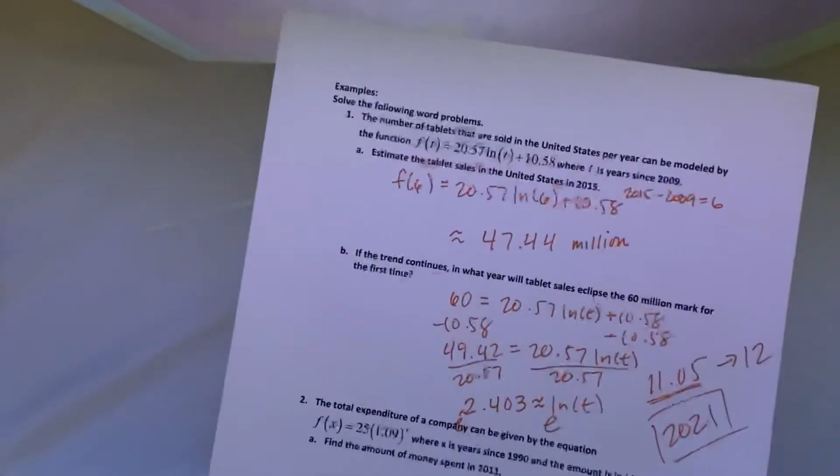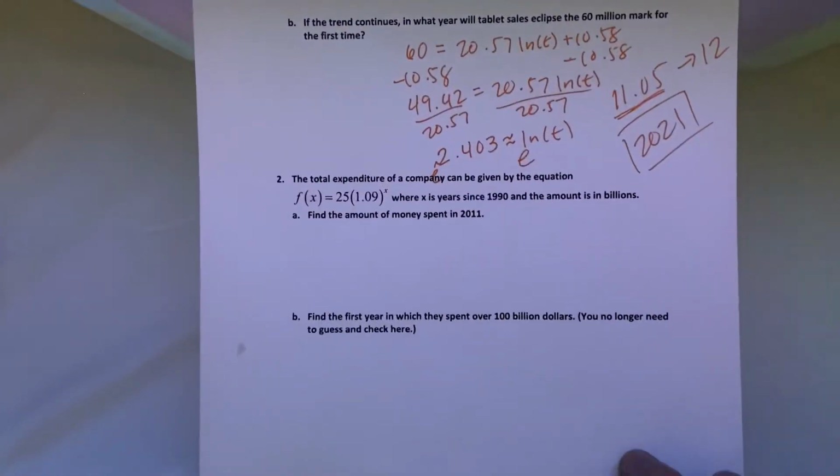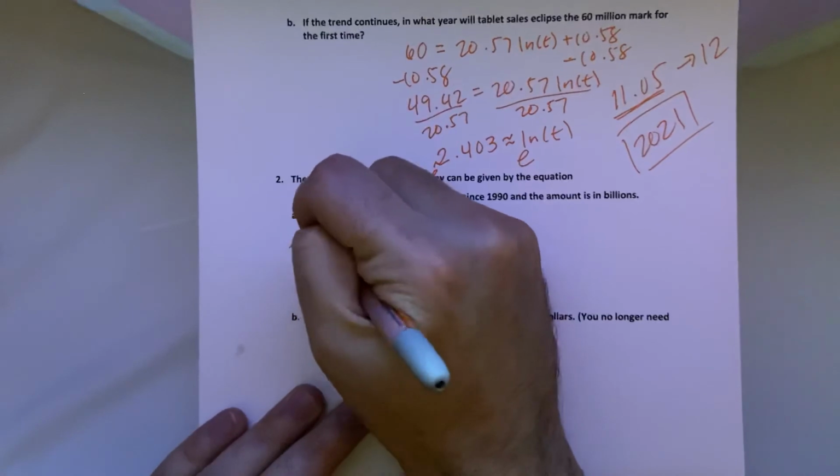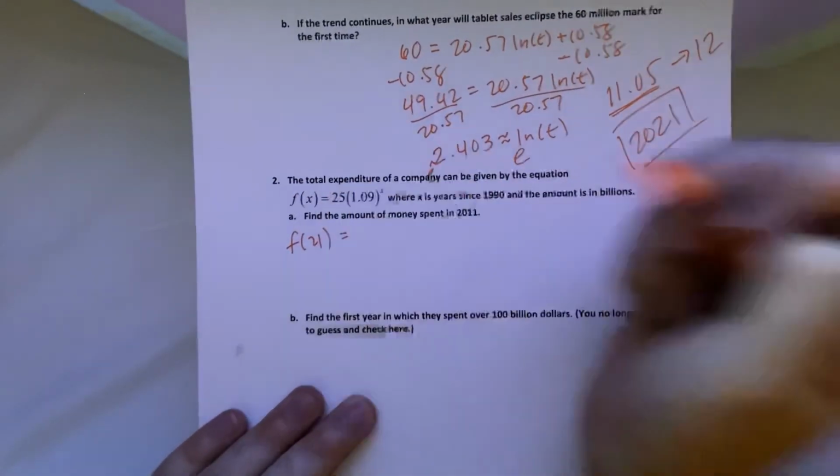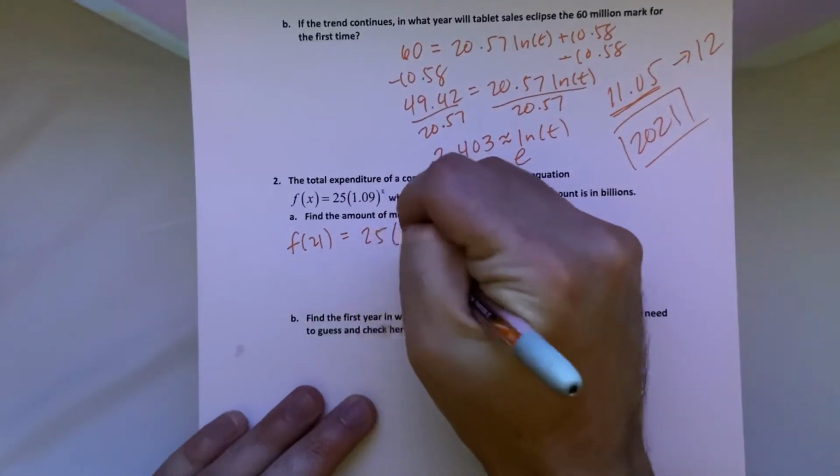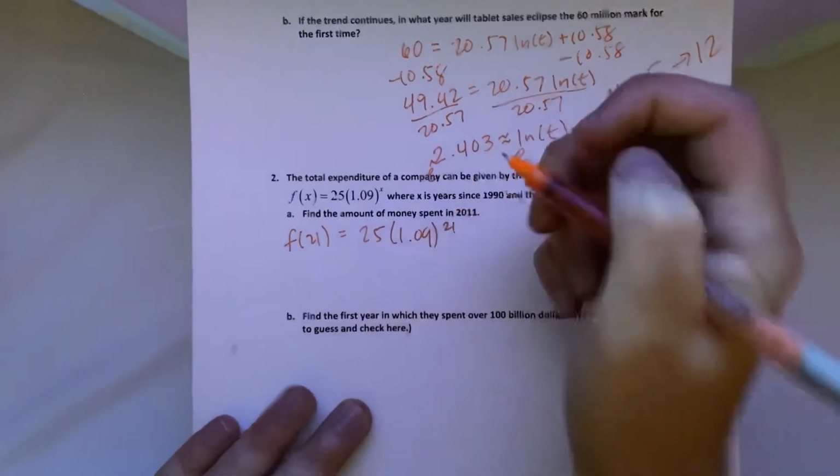Now lastly, the total expenditure of a company can be given by the equation f of x equals 25 times 1.09 to the x, where x is years since 1990, and the amount is in billions. Find the amount of money spent in 2011. That's 21 years since 1990, so it's 25 times 1.09 to the 21st power.